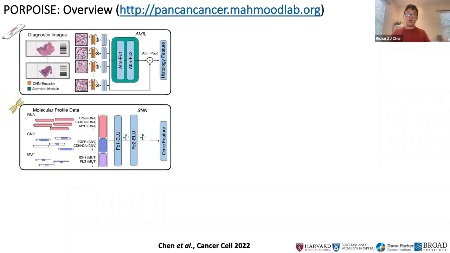On the whole slide imaging side, we use attention multiple instance-based learning, the canonical approach for patching all of the tissue regions in the whole slide, and then doing feature extraction and pooling.